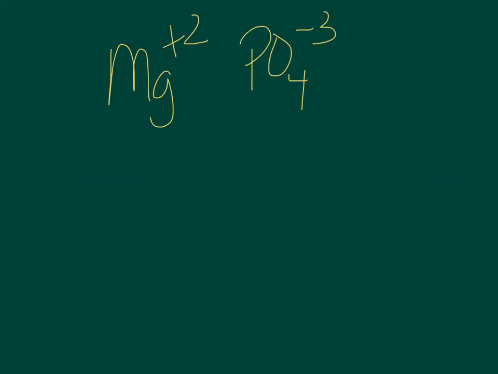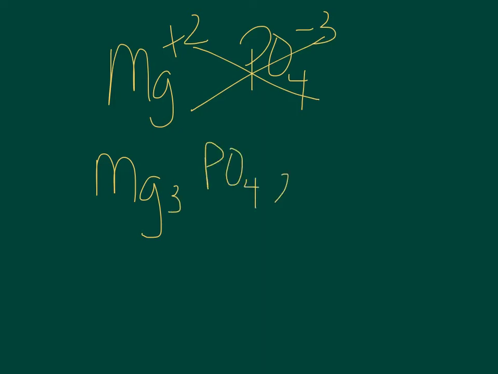If I choose 2 other ions, I have magnesium with phosphate. Again, I'm going to crisscross my charges. I'm going to get Mg with a 3 and then PO4 with a 2. Now, you'll notice PO4 2 would look really wrong, so this one you also have to have parentheses with it.